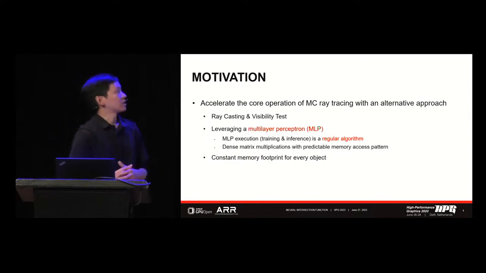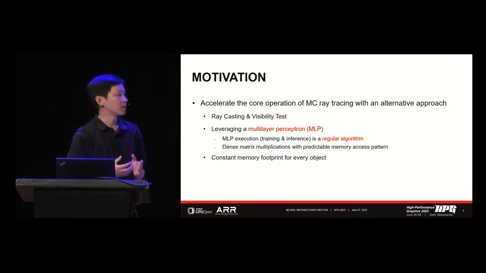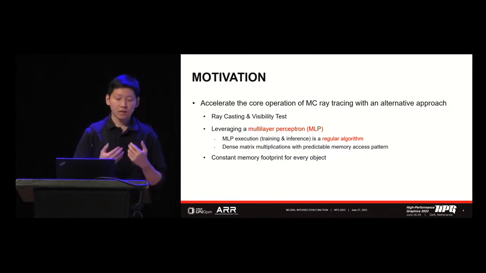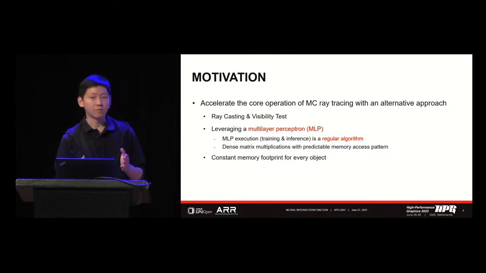That motivates us to develop NIF, an approach where we replace the most irregular parts of traversing a BVH with something that comes from neural networks. The benefit is that neural networks translate the algorithm from a very irregular one into a regular program.